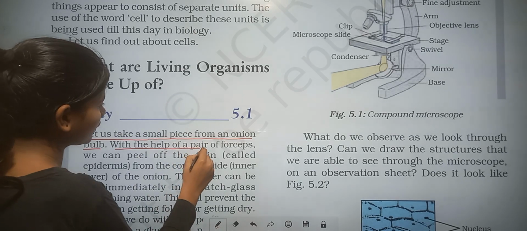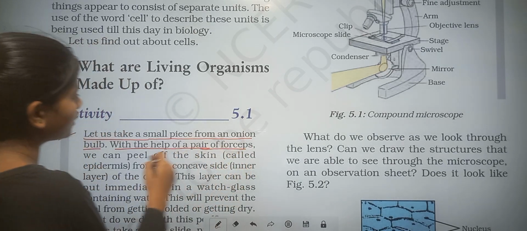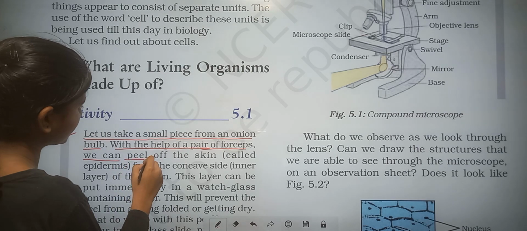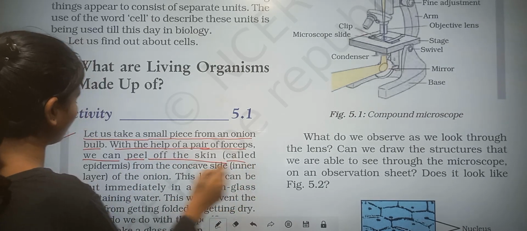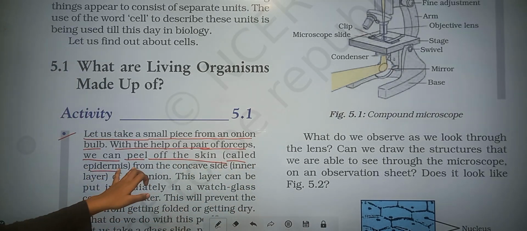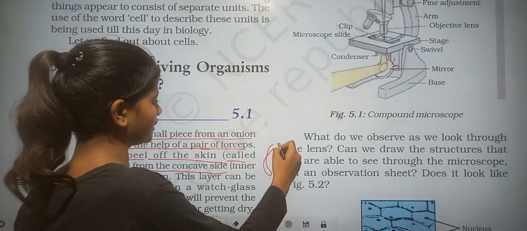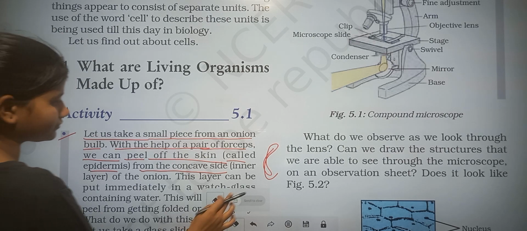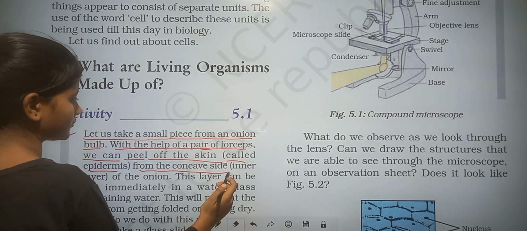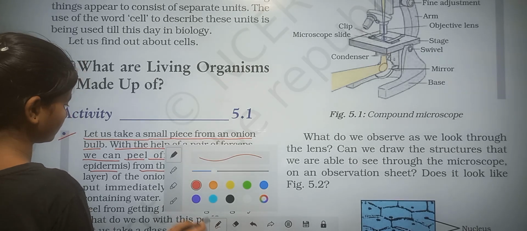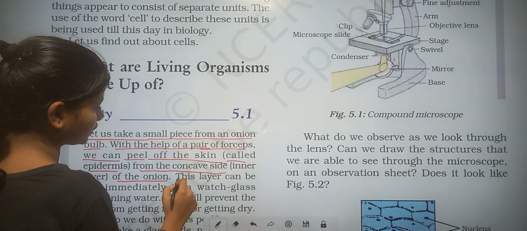With the help of a pair of forceps, we can peel off the skin called epidermis from the concave side, which means the inner side of the onion.